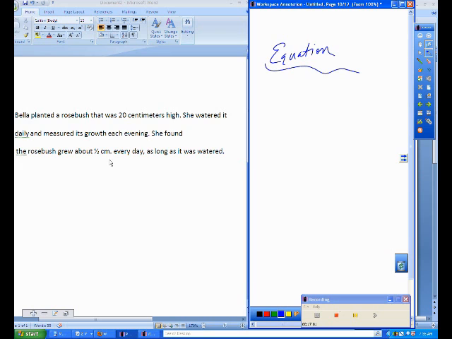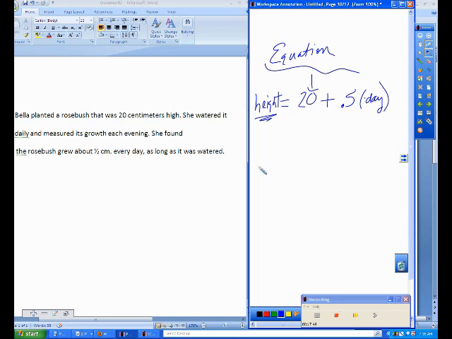So it started out as 20 centimeters high, plus it grows 1/2 centimeter, or 0.5 centimeter, every day that it's watered. So if I multiply 0.5 times the number of days that it's watered, and add it to our initial height, what we started at, 20, that's going to tell us how high it is, right?